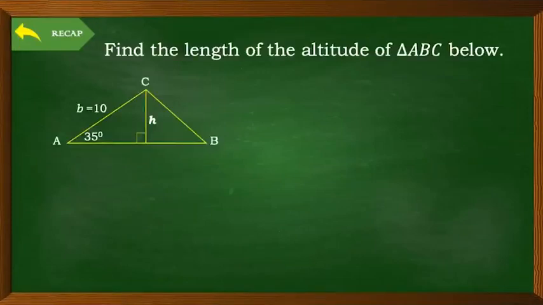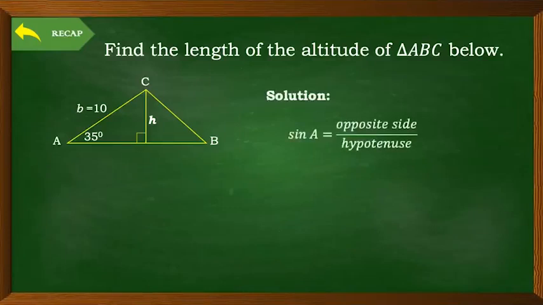For our recap, let's answer this problem. Find the length of the altitude of triangle ABC below. To solve for the altitude of triangle ABC, which is represented by h, we use the sine ratio, which is opposite side over the hypotenuse.